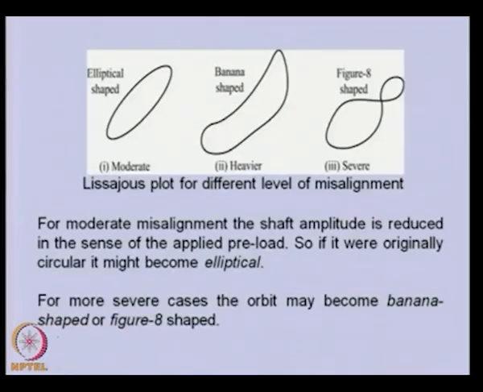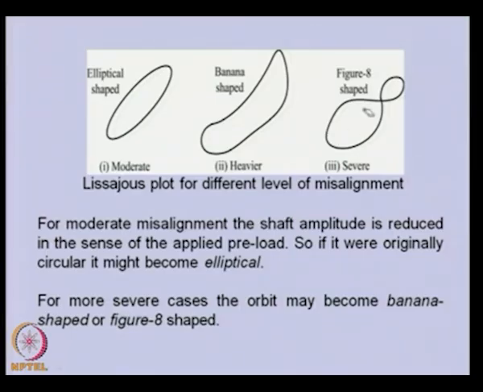So, this kind of behavior we can get when the misalignment is present in the system. This is the Lissajous plot for different levels of misalignment. For moderate misalignment, we will be having an elliptical shape of the orbit or the Lissajous plot, which is nothing but the x and y plot as we have shown earlier. But for heavier misalignment, we have a banana shape, or for very severe misalignment, we will be having a shape of 8 or maybe multiple loops.